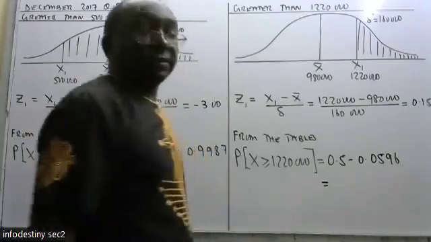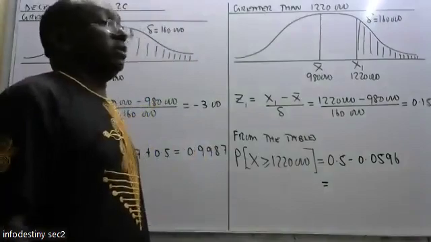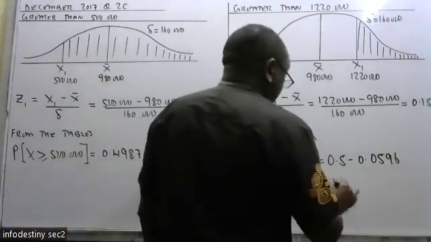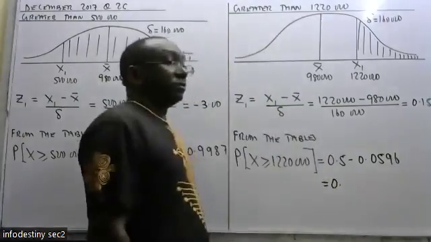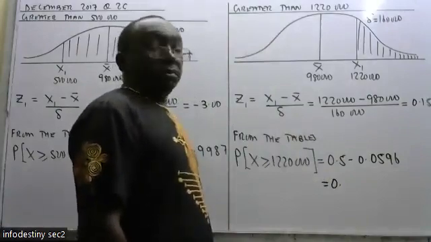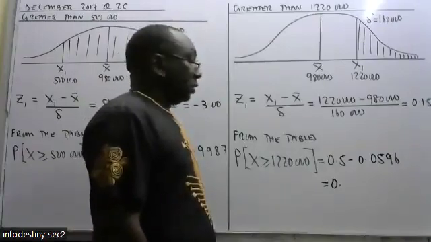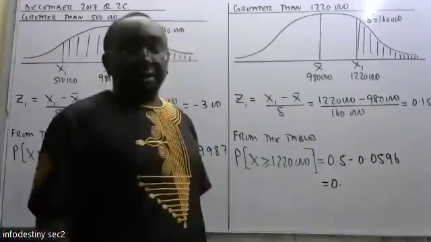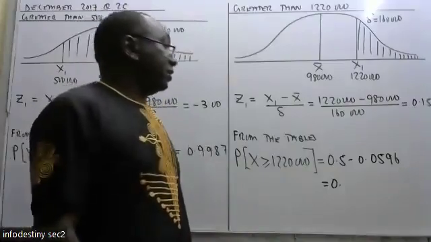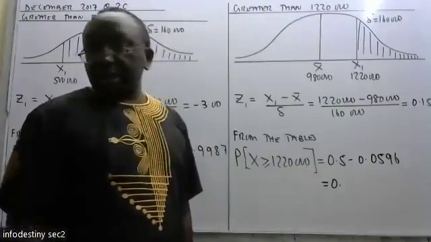When you subtract that value from 0.5, 0.5 minus 0.0596, I'm expecting 0.4404, something like that.